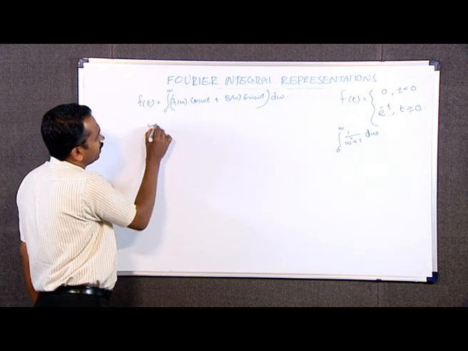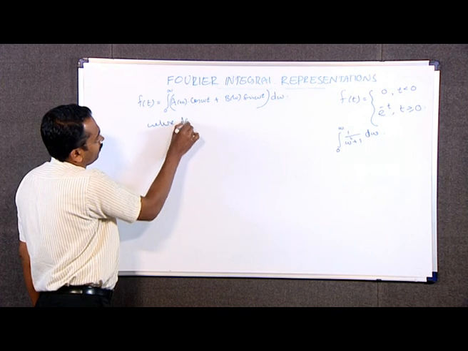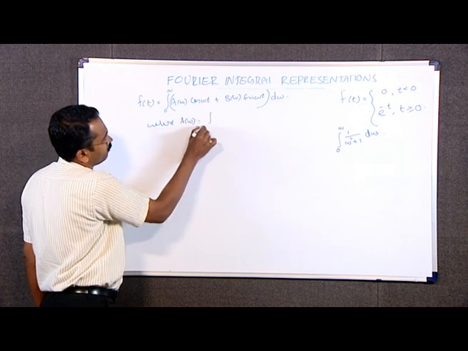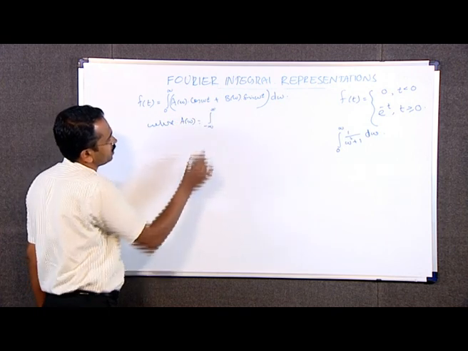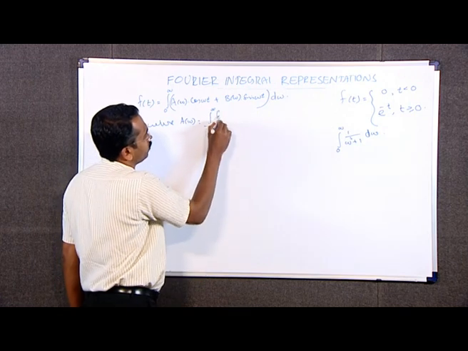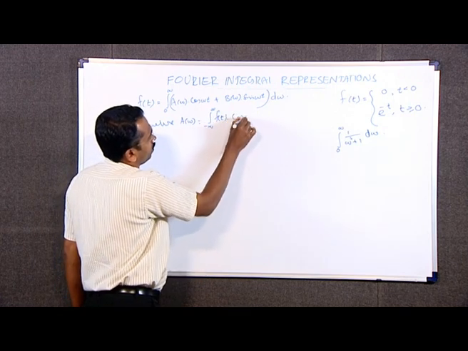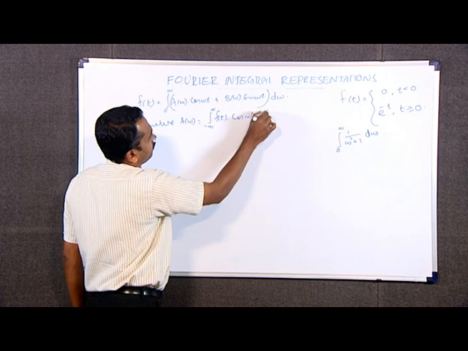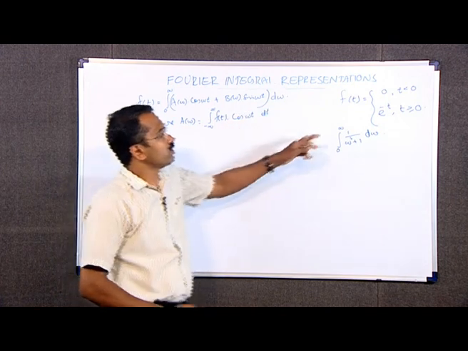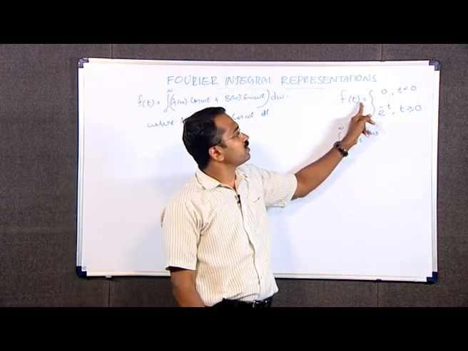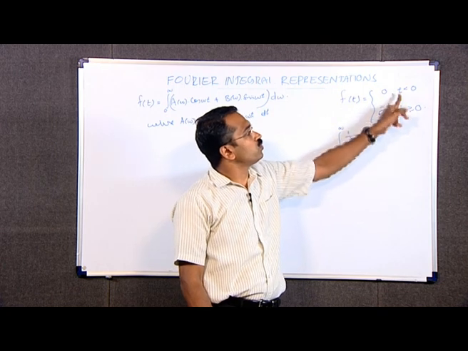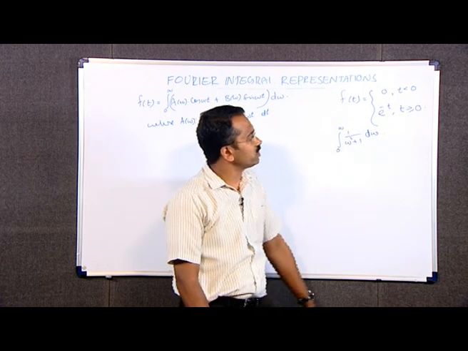Where A omega is given by integral from minus infinity to infinity f of t into cos omega t dt. Here the function is given in two intervals, two ranges.